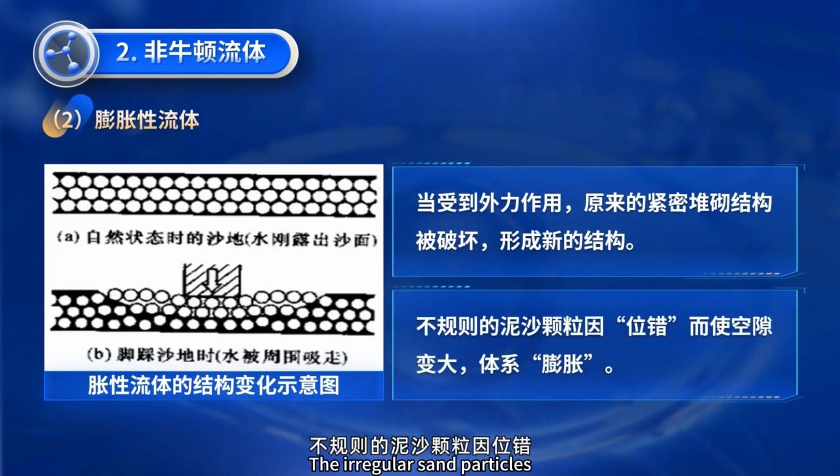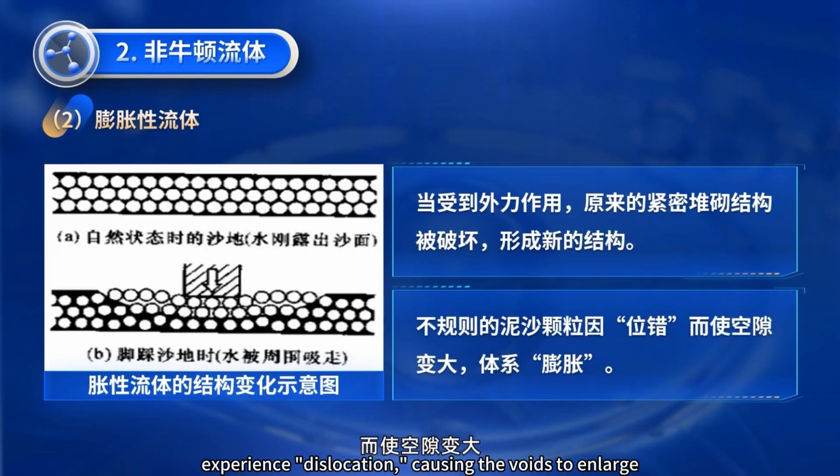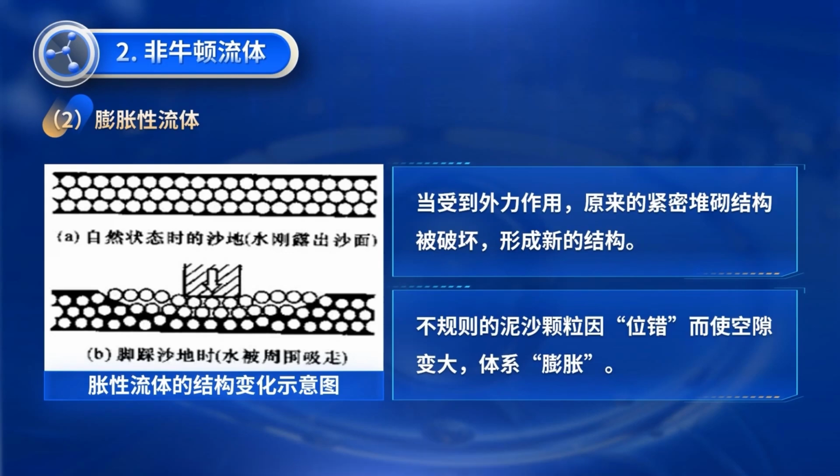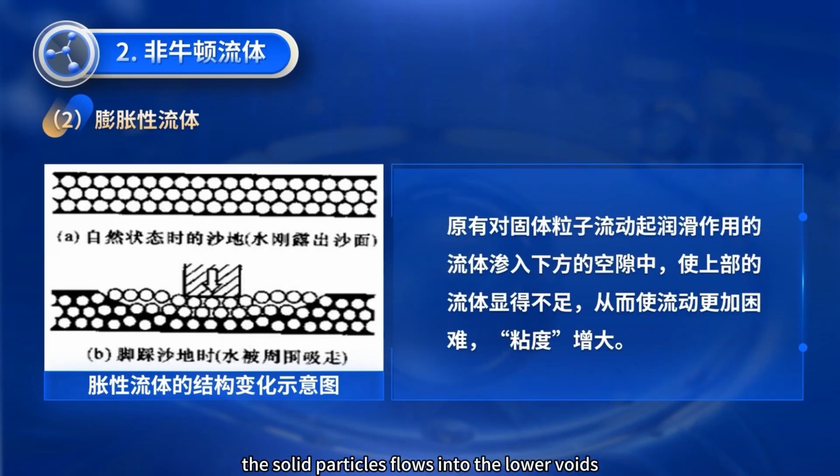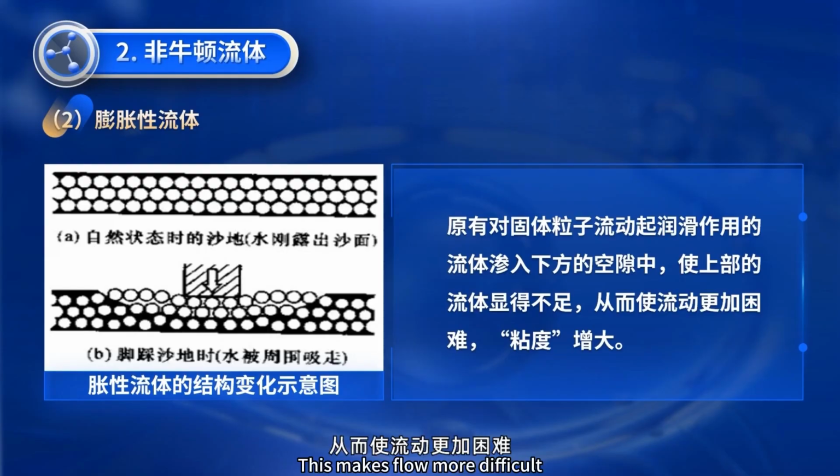The irregular sand particles experience dislocation, causing the voids to enlarge. The system expands. The fluid that originally lubricated the solid particles flows into the lower voids, leaving insufficient fluid above. This makes flow more difficult, and the viscosity increases.